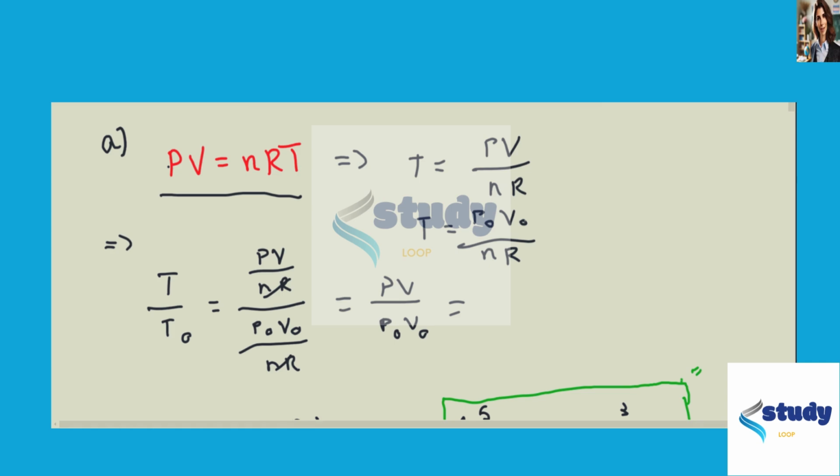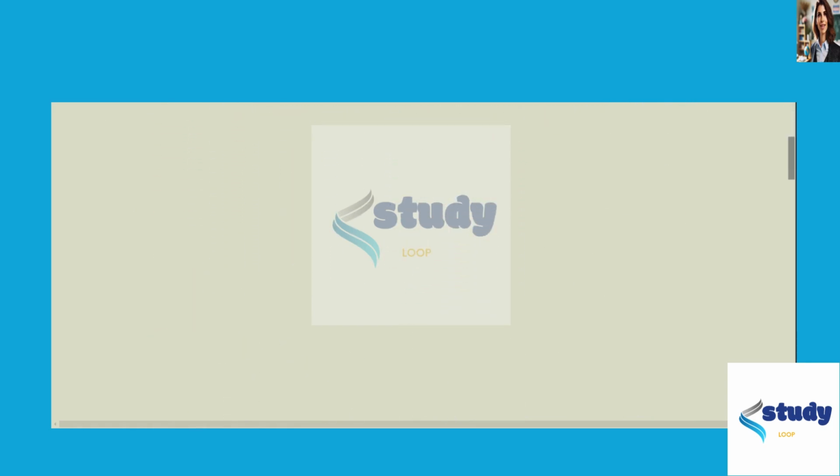Now for part B of the problem, we need to evaluate the work done in the path from point B to point A, where there is a volume change. The work done in that case, from the previous formula, equals P times V2 minus V1.